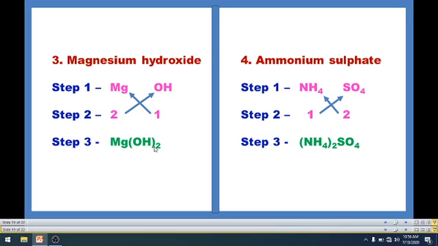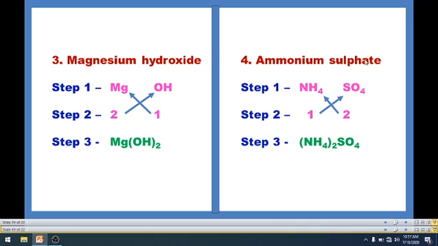So magnesium 1 times, hydroxide ion 2 times, therefore we need to use a bracket and then write the valency as a subscript. So Mg(OH)2 is the formula for magnesium hydroxide.